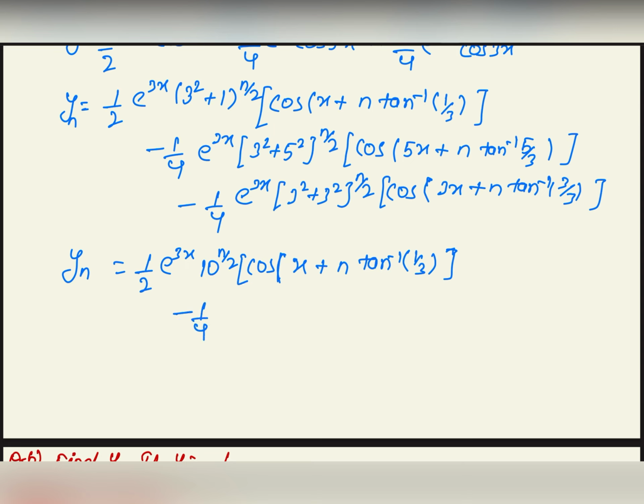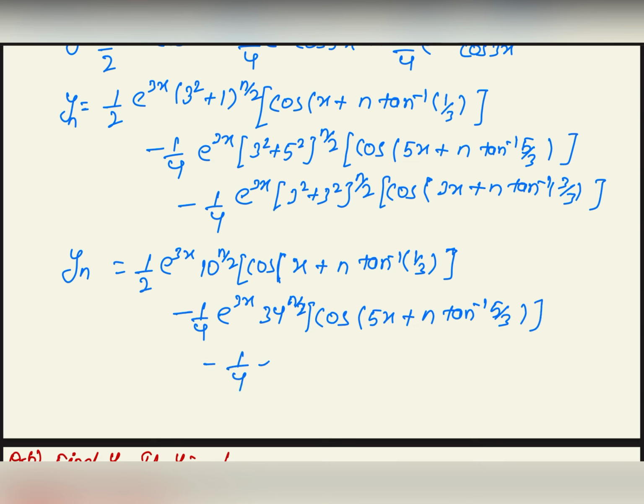Minus 1/4 e to the power 3x, that is 9 plus 25 is equal to 34 to the power n by 2, cos of 5x plus n tan inverse 5 by 3.